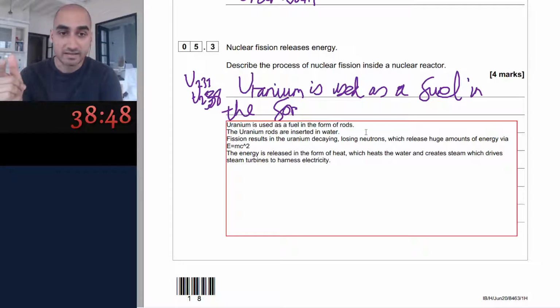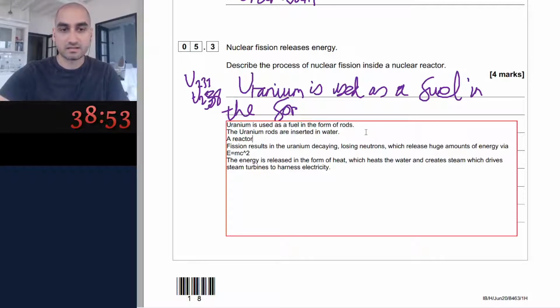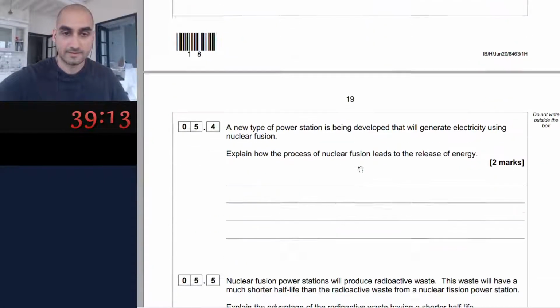I didn't say the word reactor. A reactor is used to induce fission. I don't know. But what do you actually do in the reactor? You add another. That's enough for now. I don't know.